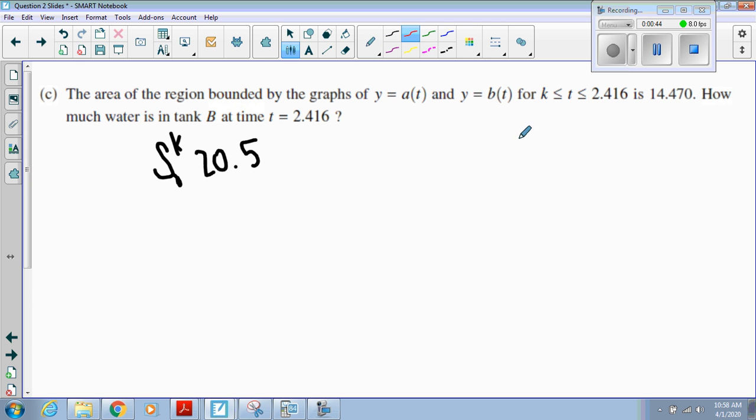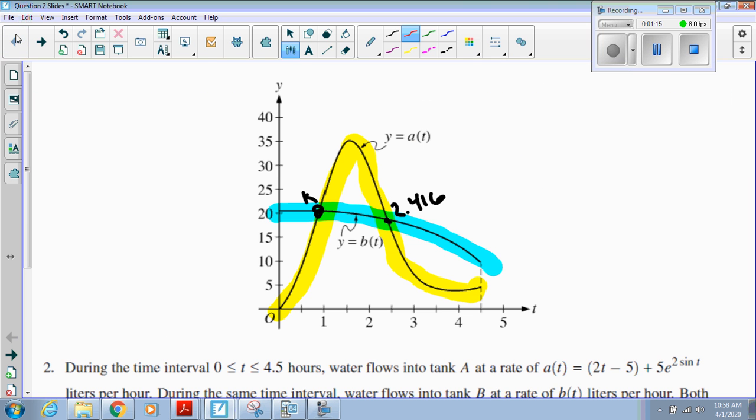So to find that, we're going to take the integral of the whole thing, A(t) and B(t). So the integral from K to 2.416 of A(t) minus B(t), because if we go back to our graph on the first page, from K to 2.416, notice that A(t) is on top.